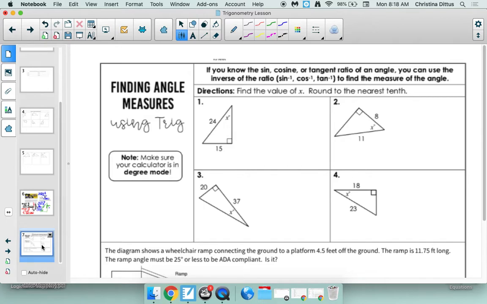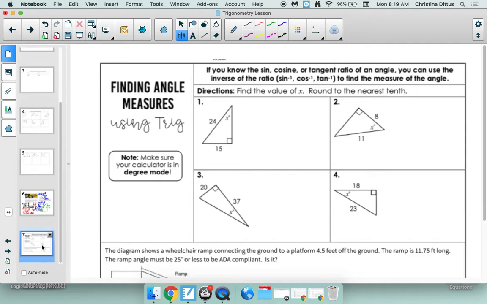Above them, in yellow or whatever, it says sine -1, cosine -1, tan -1. The -1 is what you're going to use to find angles. To get that, you hit your second button.